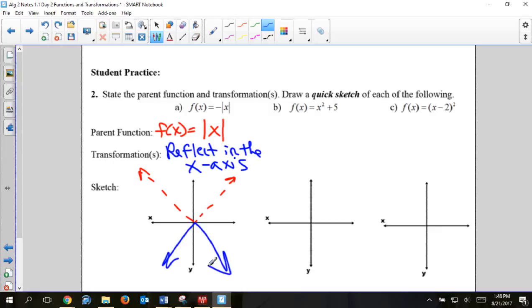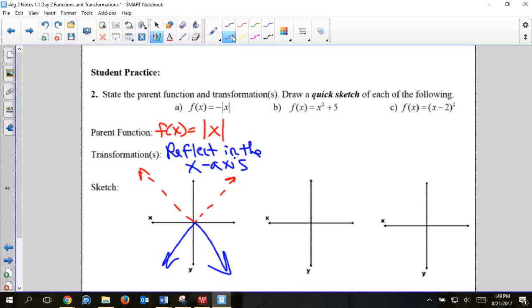If you're not making a difference between your parent function and your new function, it's hard to tell. It looks like an X and you can't tell what's what. So that's why I'm making sure that they look different. Or you can use two different colors if you want. So in your homework, you're going to be doing some quick sketches like this.